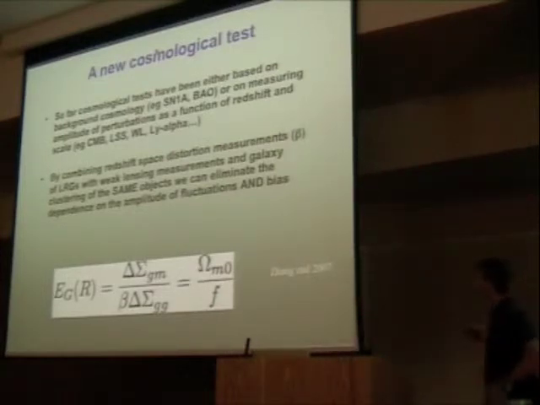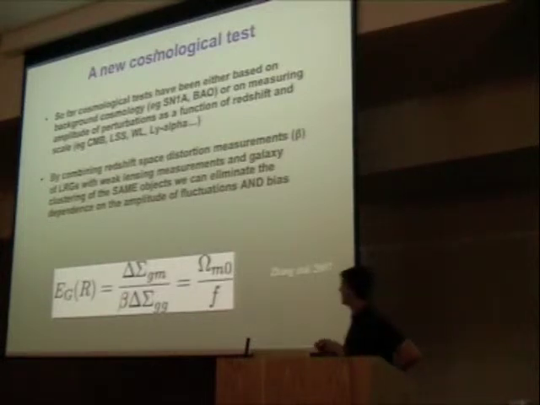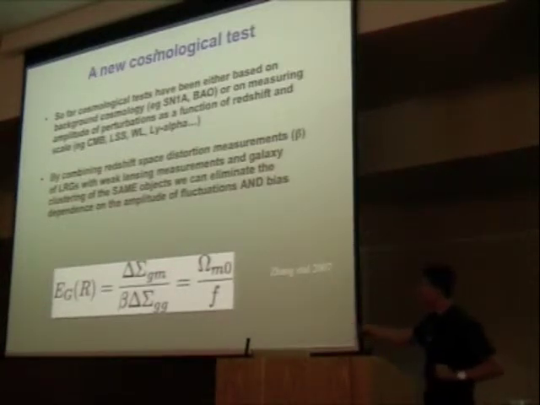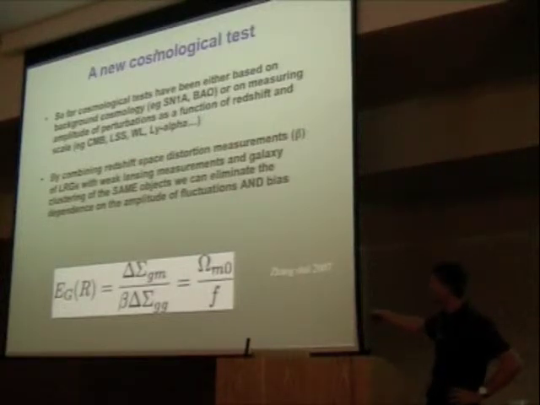Okay, so one way to do this is to take this particular combination where you take this cross-correlation between lensing and dark matter, and the other, the correlation of the galaxies. So those are the 2 probes that I mentioned before. Before I was squaring this one and dividing by this one to cancel the bias, but now I'm going to cancel the bias by bringing in the 3rd observable, which is the redshift space distortions.